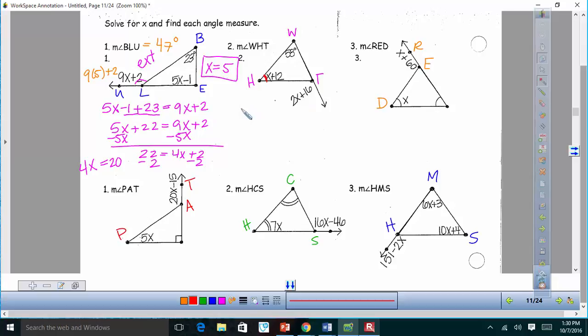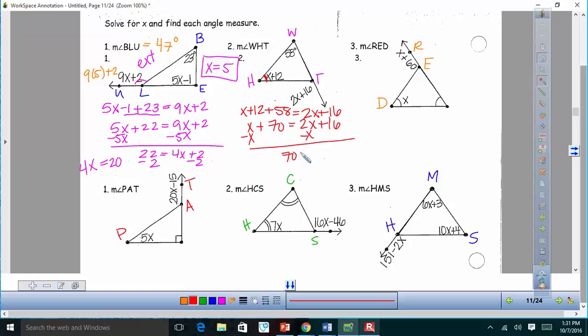So we're going to set this up as x plus 12 plus 58 equals 2x plus 16. This is going to give me x. I'm going to add 12 and 58, which gives me 70. I'm going to subtract x from both sides.